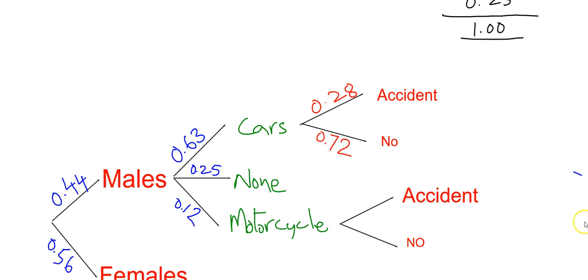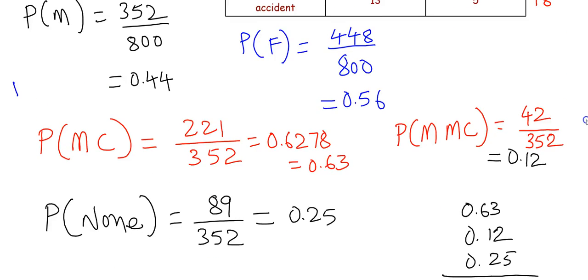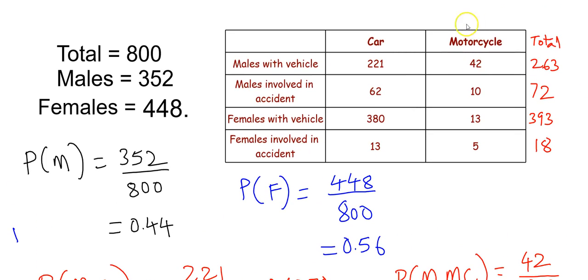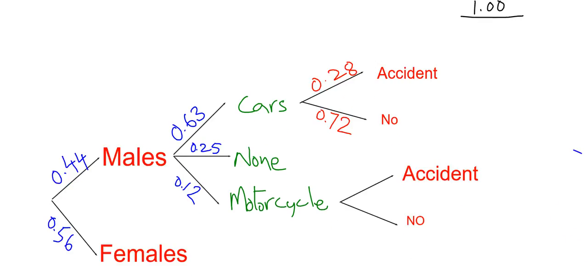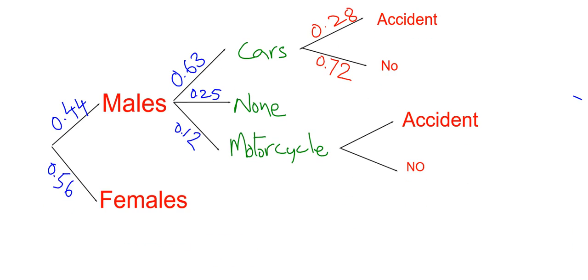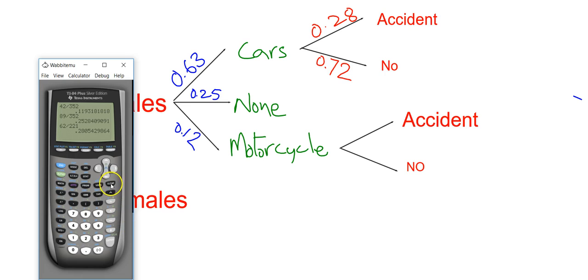And in the same way for motorcycle, what are the numbers we have? Motorbike, 42 students are owning motorcycles. Out of 42, 10 of them are involved in accidents. So 10 out of 42, let me do. That is here 10 divided by 42 is equal to 0.2380.